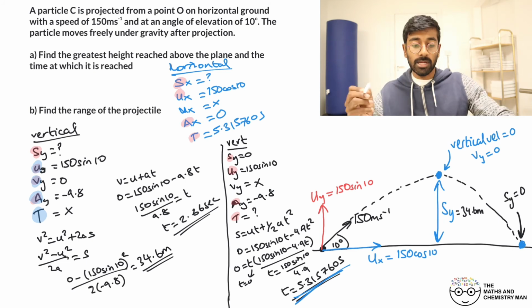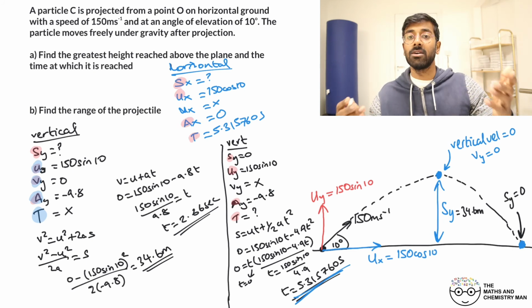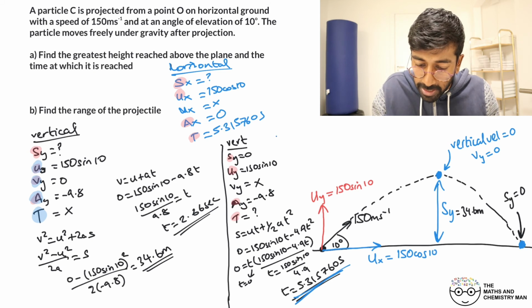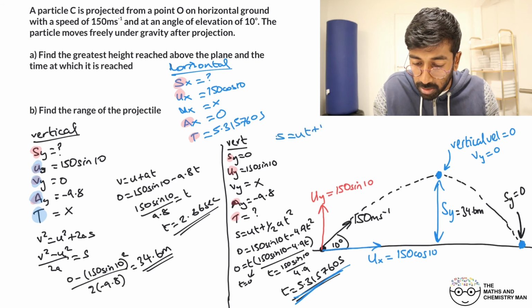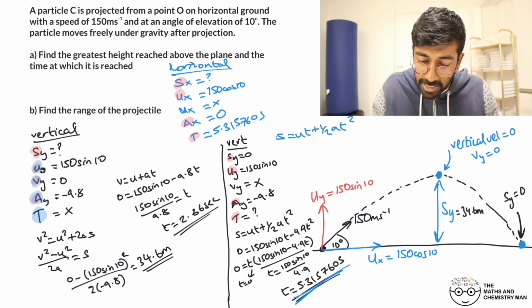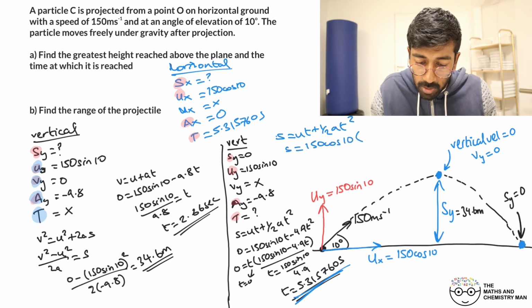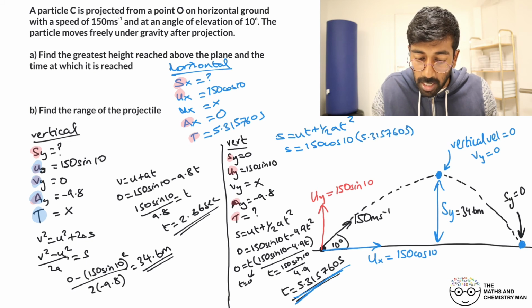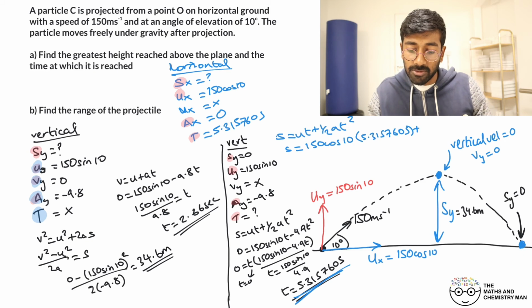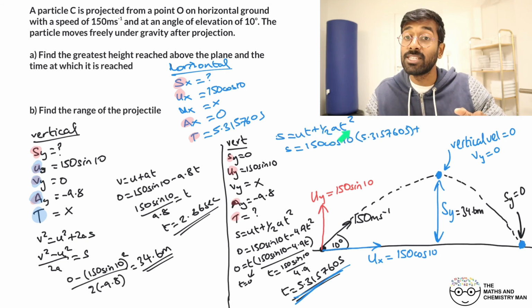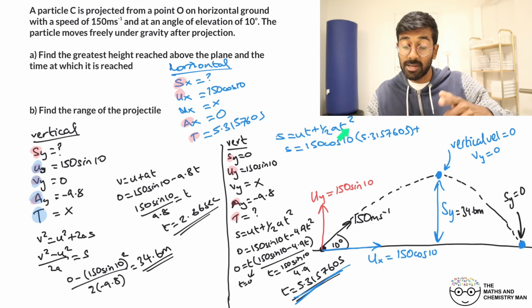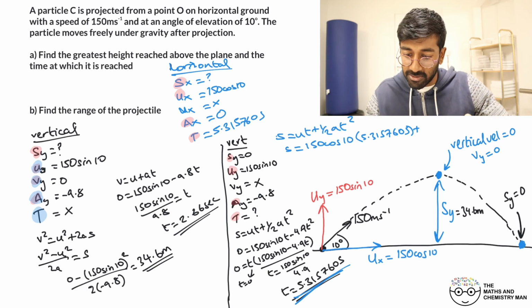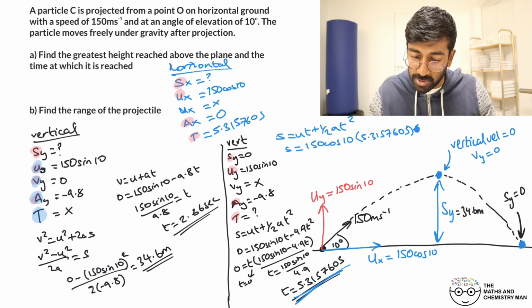So again, it looks like we're using s equals ut plus a half at squared. s is going to equal 150 cos 10 times t, which is that long number, 5.3157605, plus a half times, oh look, acceleration is 0, which means we don't even need to write all this stuff, because a half times 0 times t squared is just 0, right? So in fact, we don't need that. All we need is this.